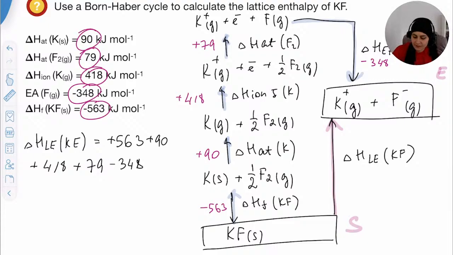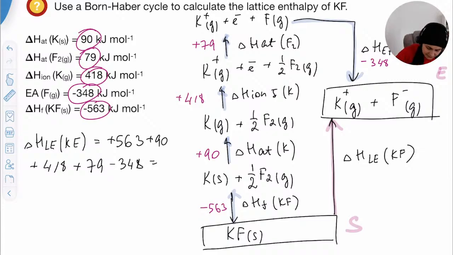If lattice enthalpy is endothermic, splitting the solid. Right, well that's it. And then we just have to calculate what that is. So 563 plus 90 plus 418 plus 79 minus 348.